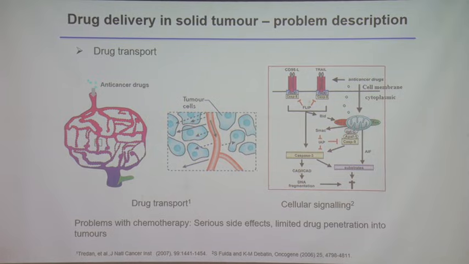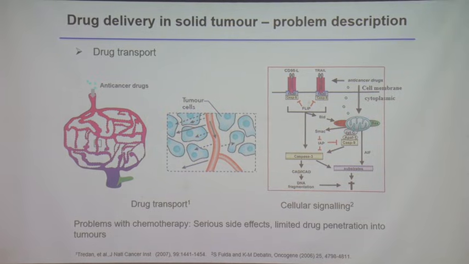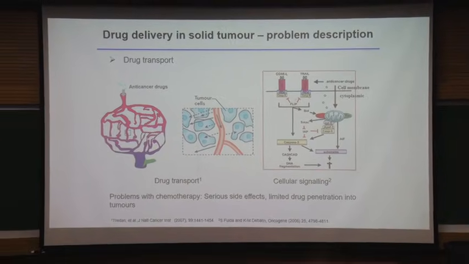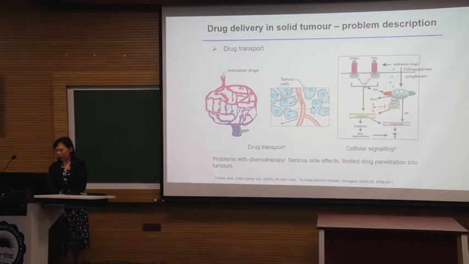So now thinking about drug transport in solid tumors. As I said earlier, the anti-cancer drug will come into the system through systemic circulation through the blood flow. So we first need to understand how the blood can be transported through the circulation.